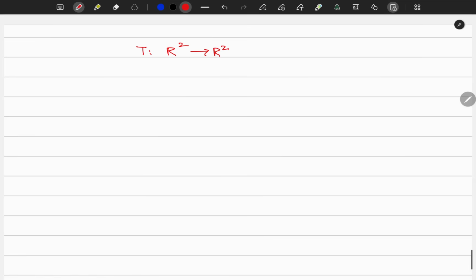They say that T of 2 comma 3 goes to 4 comma 5, and they will ask you that T of 1 comma 0 will go to 0 comma 0. Okay, find that general linear transformation. The given is that this is going to 4 comma 5 and this is going to 0 comma 0.